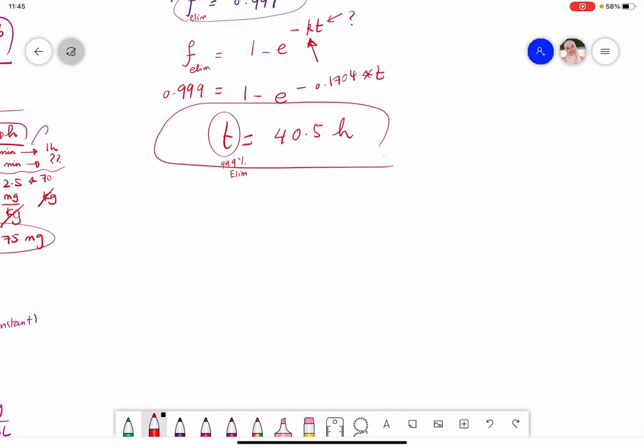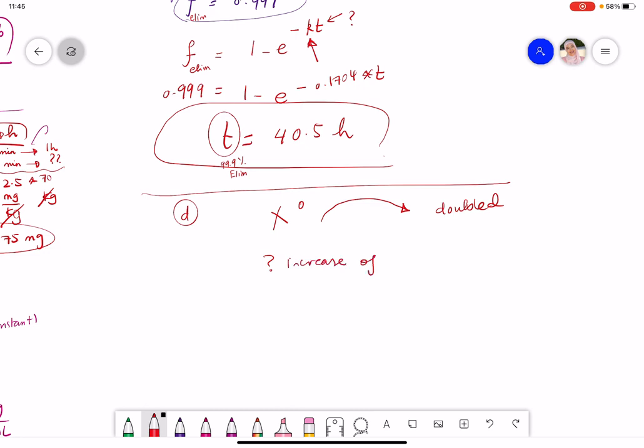Then part D is asking us, if the dose of the antibiotic was doubled, what would be the increase of the duration of activity?